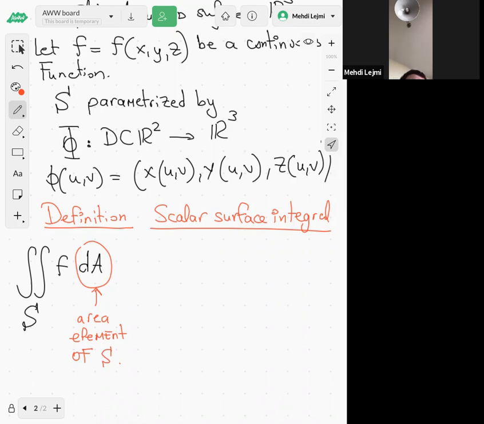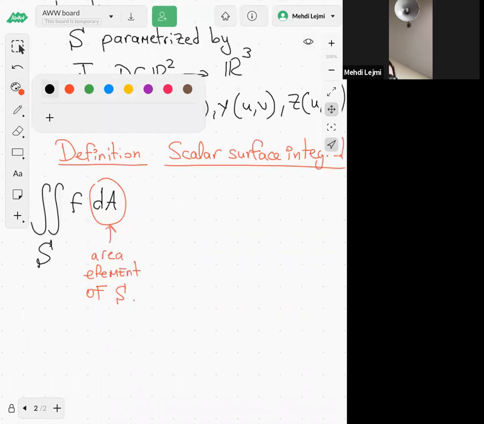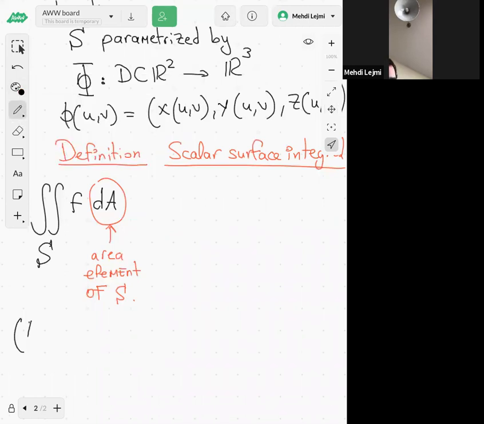By definition, when you integrate the constant function 1 with respect to the area element, the double integral is equal to the area of the surface S. Suppose that your parameterization phi is 1-to-1 and smooth except at the boundary of the region D. Then the area of the surface S is the double integral over S of your area element.